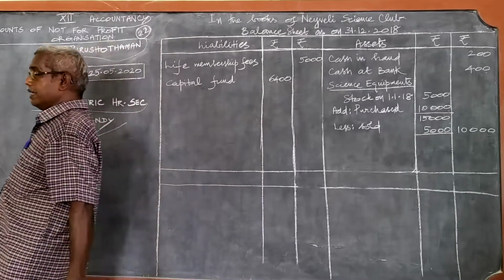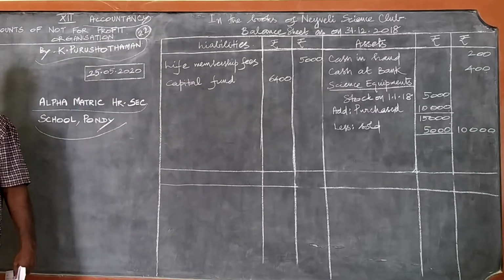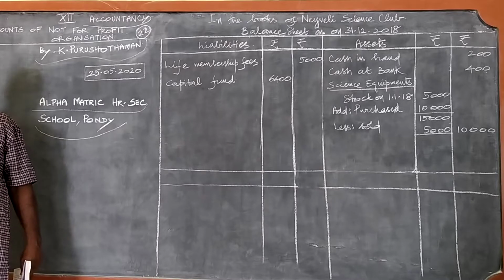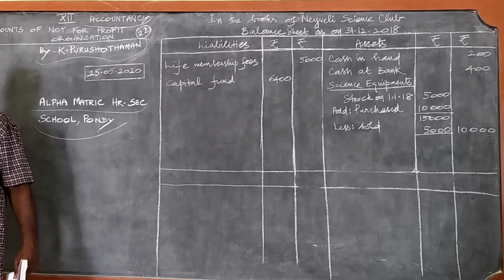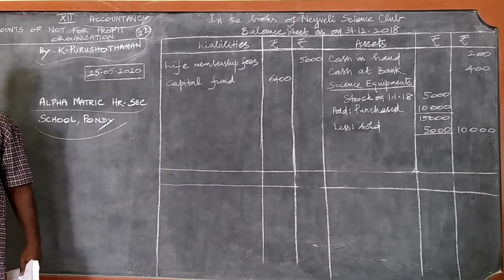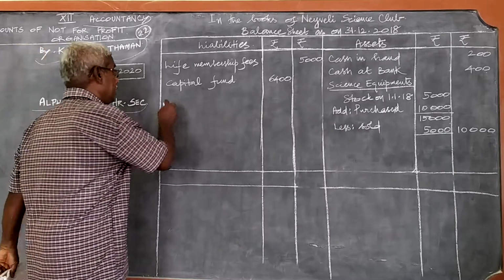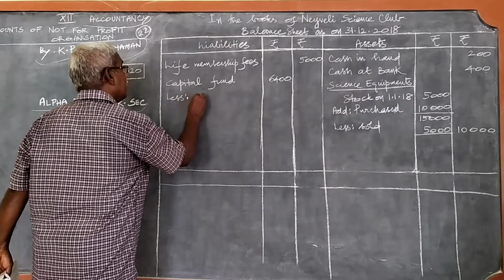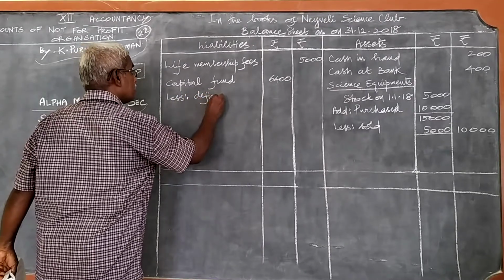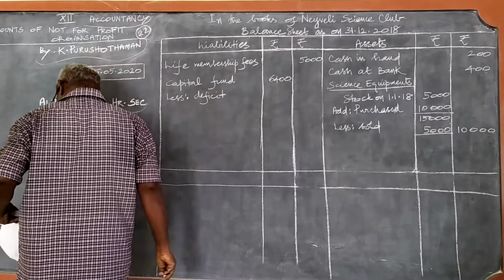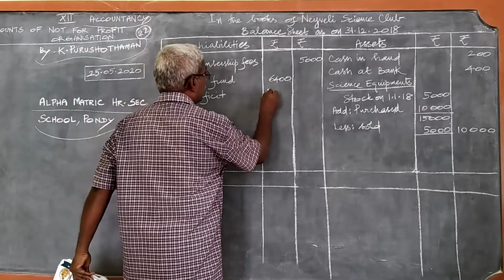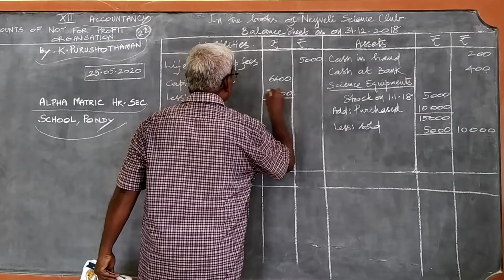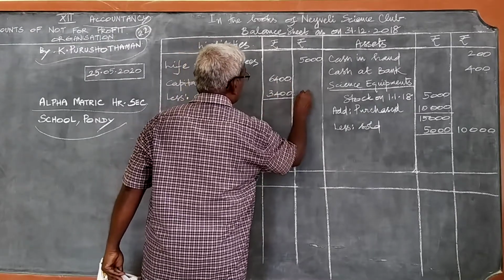If there is any surplus, I told you in other problems also, add with the capital fund. If there is any deficit, less from the capital fund. Here there is a deficit, therefore less deficit. Deficit amount is 3,400. Less. So the remaining amount will be 3,000.